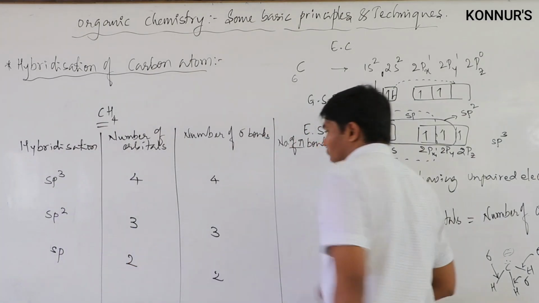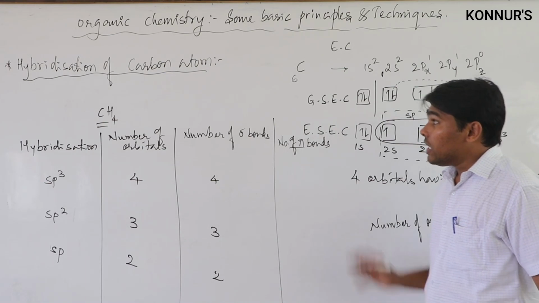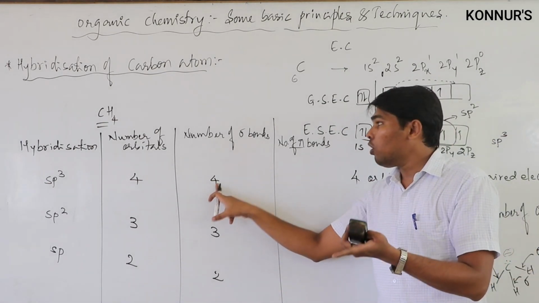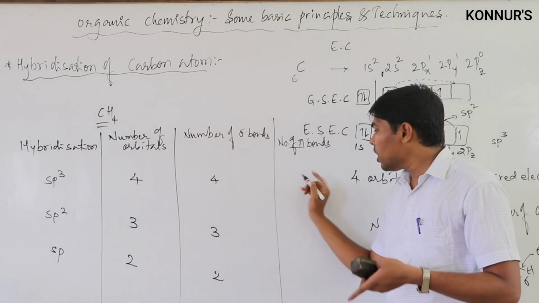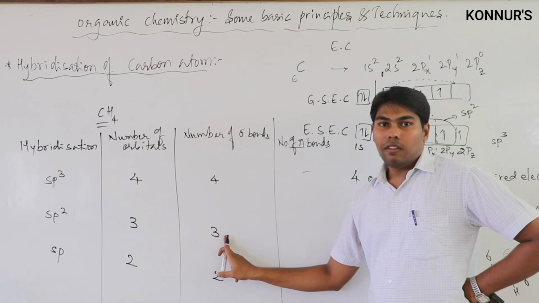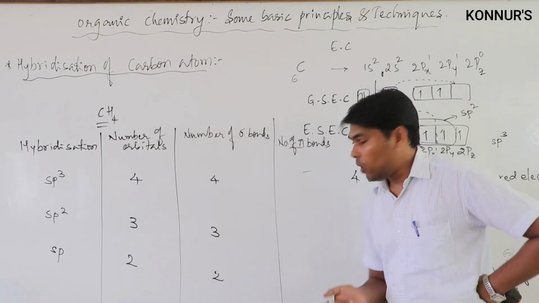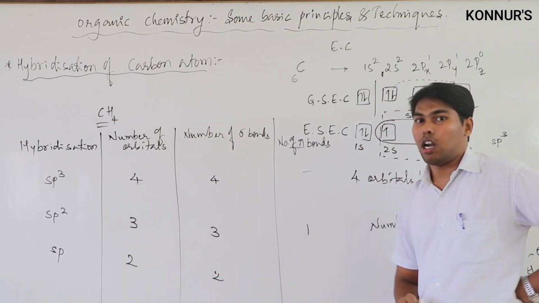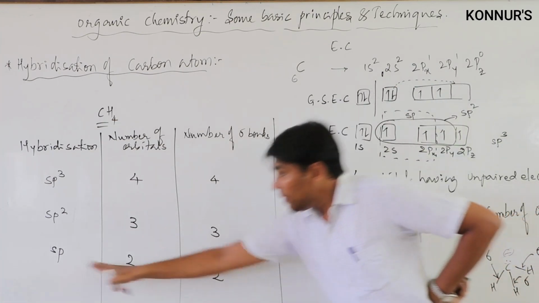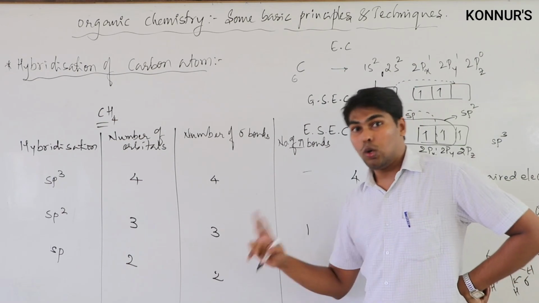Number of pi bonds now. Since carbon has a valency of 4, if all 4 bonds are sigma bonds, there is no remnant of a pi bond. Here there are how many sigma bonds? 3. So the remaining is 1. So 1 is a pi bond. And in sp hybridization there are 2 sigma bonds.